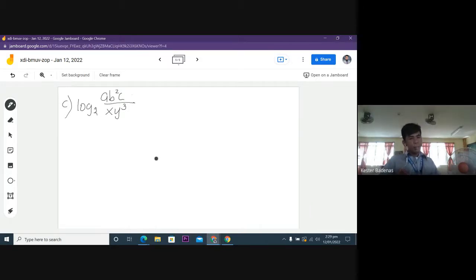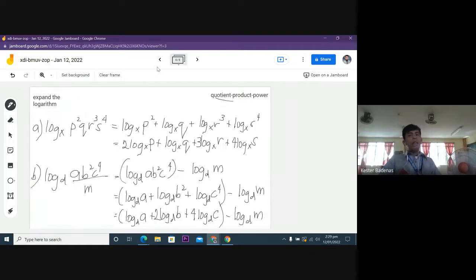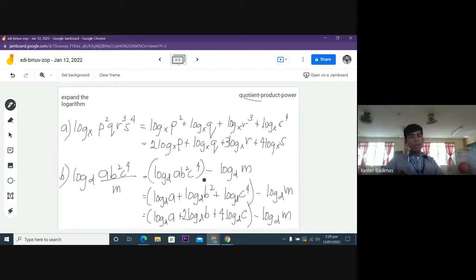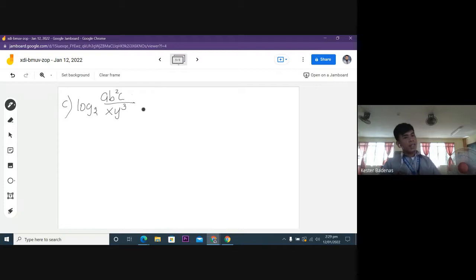What if ganyan? Similar lang siya class sa D, pero yung dito sa may part na denominator, you need also to enclose them in a parenthesis. Okay? Kasi magkasama sila, yung XY, magkaibang factor yan.